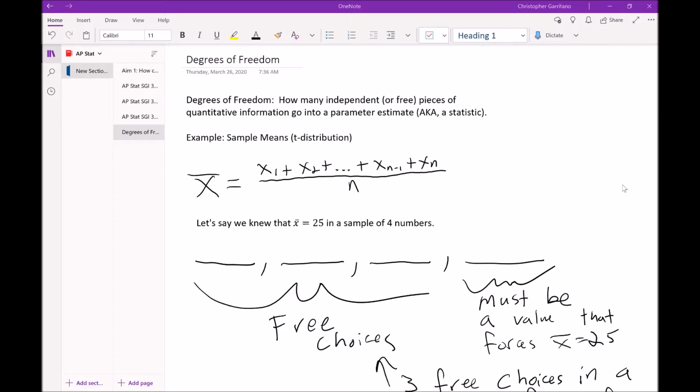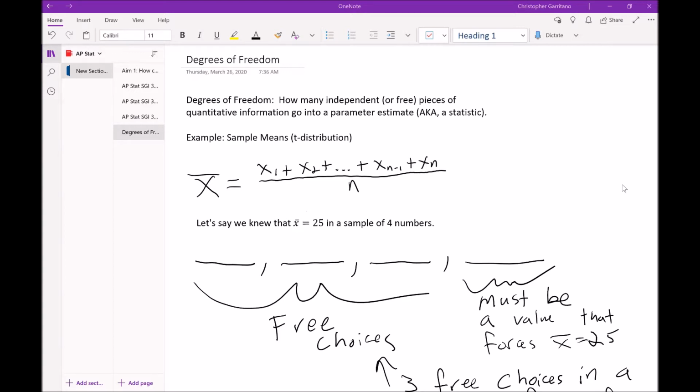All right, sounds like some fancy wording, but parameter estimate, remember, that's just a fancy way of saying a statistic, right? So every time we obtain a statistic, the idea is we're using that to estimate some overall population parameter.